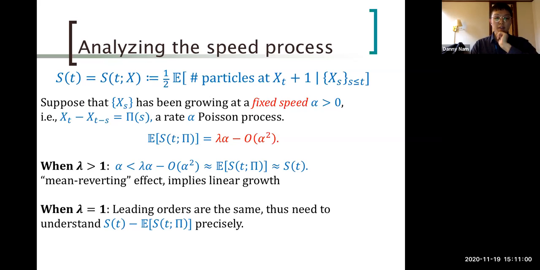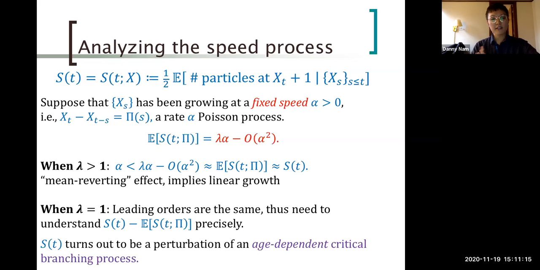In contrast, when lambda is equal to 1, then we cannot gain anything from comparing the leading orders. So now we really need to understand precisely the fluctuation of the actual speed from its expectation. And at the end, it turns out that the speed is a perturbation of an age-dependent critical branching process.